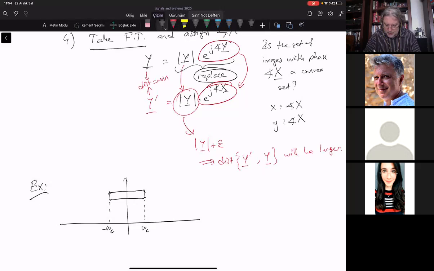This is minus omega c, of course. And in the stop band, from omega c to pi, it's a discrete time filter. Therefore, it's from minus pi to pi. This is minus pi. This point is omega c prime, a different cutoff frequency.